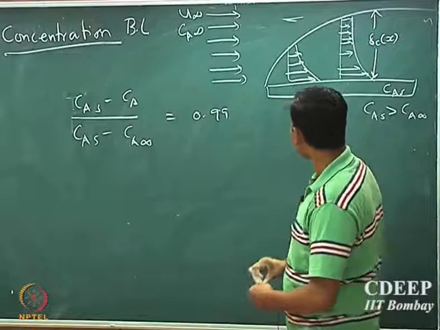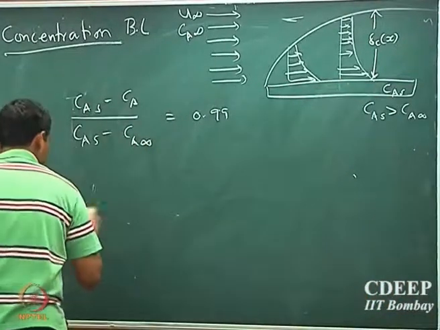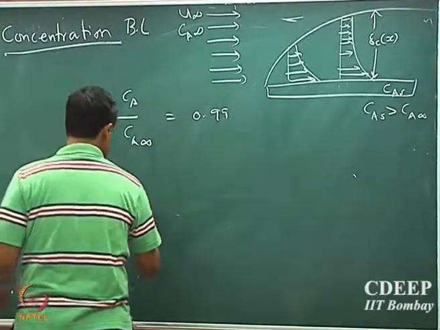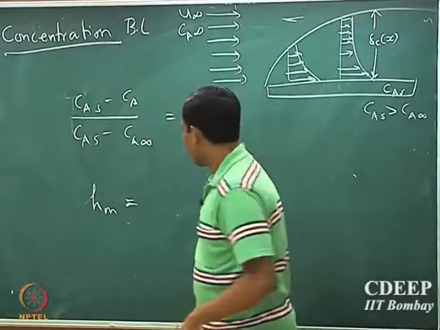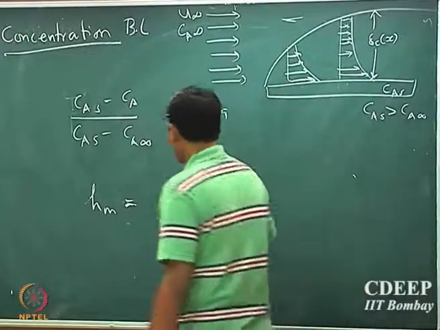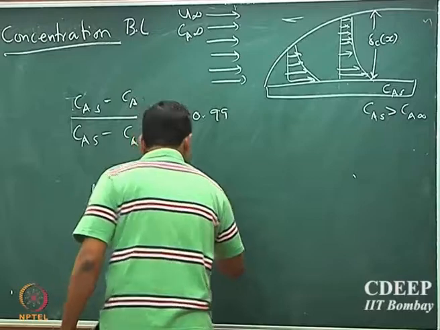And if I write a mass balance at the interface, then I can define the mass transport coefficient hm as, what will be the equivalent? Yeah, what will be this expression? Diffusion, it's minus D, so that's the equimolar counter diffusion.